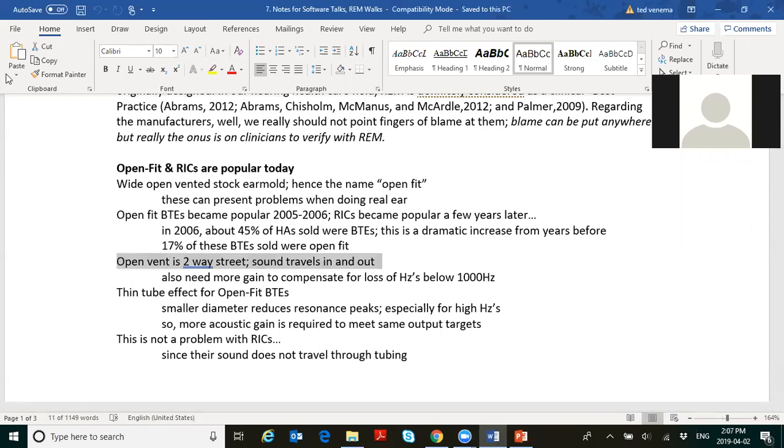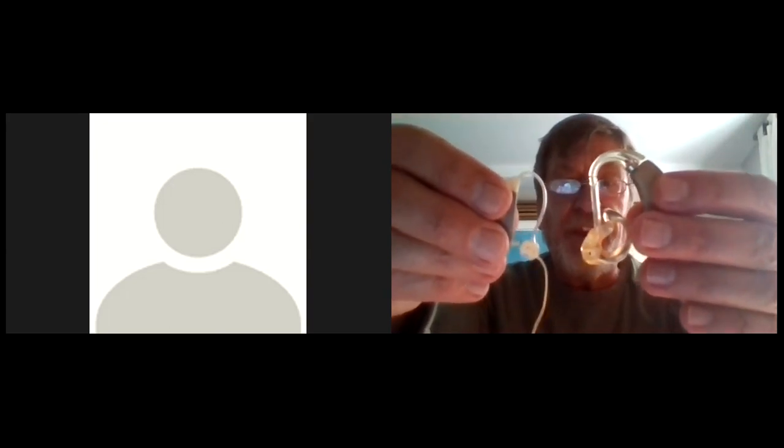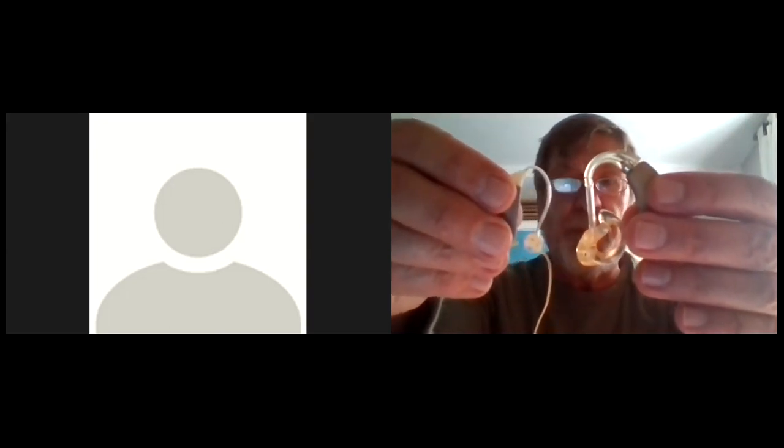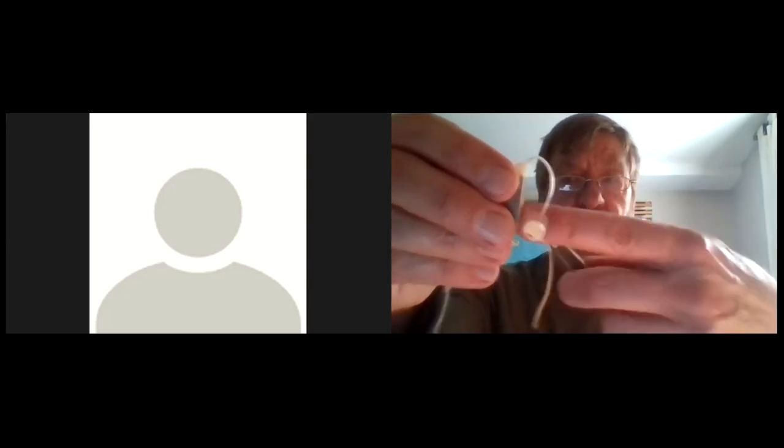Look, if I stop sharing, we'll look at a thin tube, and we'll look at a number 13. Here's a number 13, and here's a thin tube. Look at the difference in the diameter of the tubes. A number 13 tubing has 2 millimeter diameter. Thin tube has less than 1 millimeter diameter.